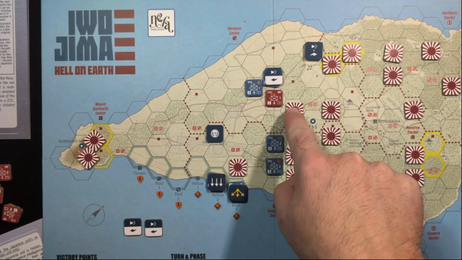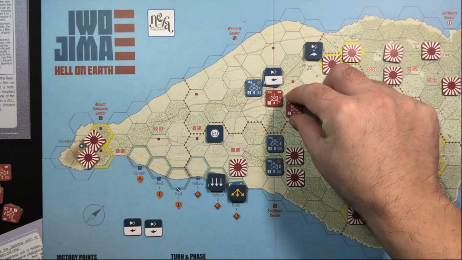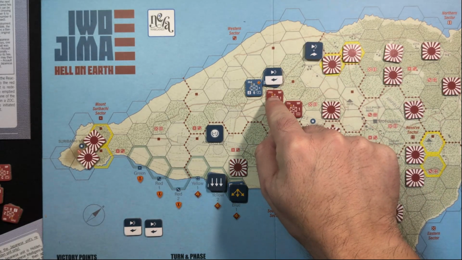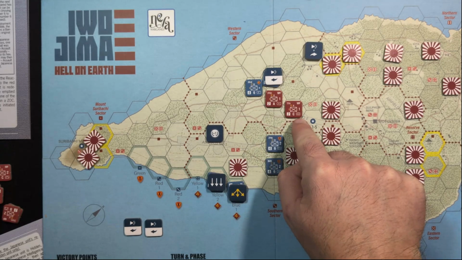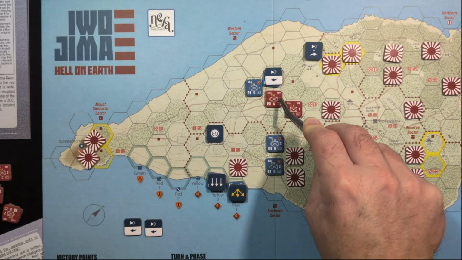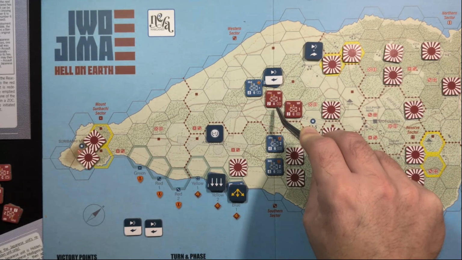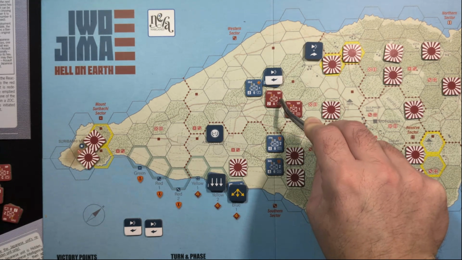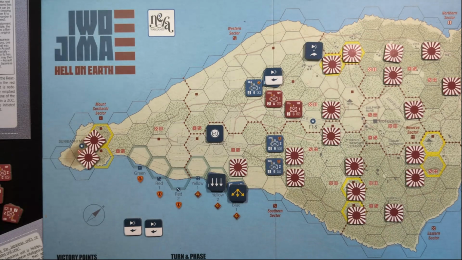If other units are adjacent to the target being attacked, they are going to provide combat support. For example, if these 2 units are attacking this one, this combat unit has a combat support of 1 artillery and 1 tank, because this one is adjacent to this one.